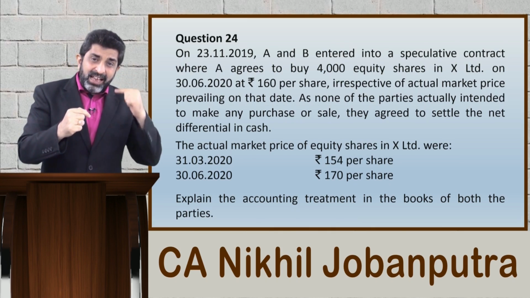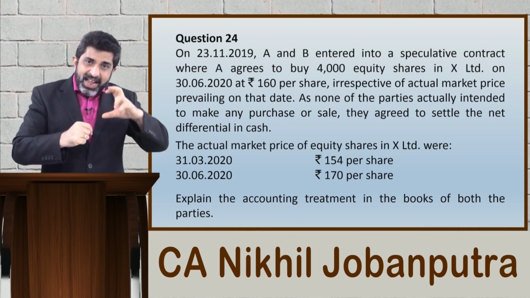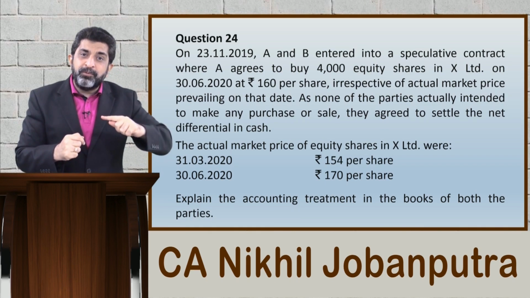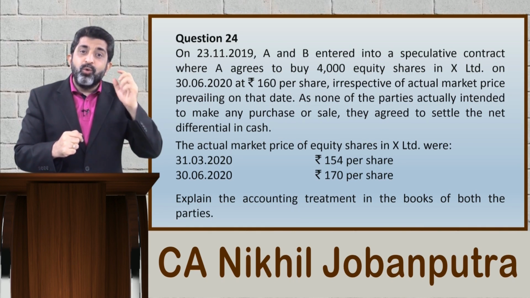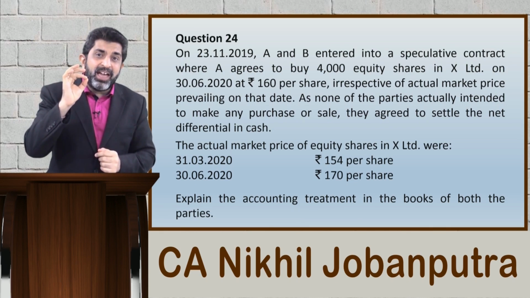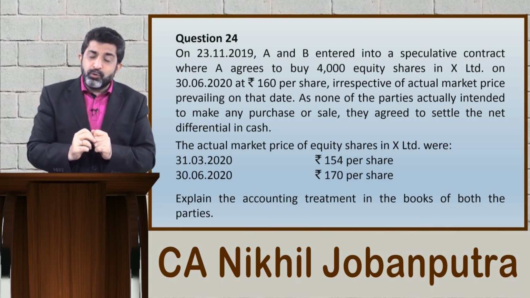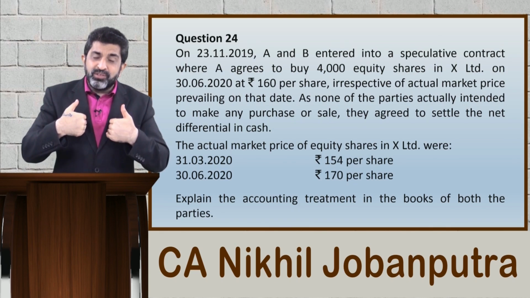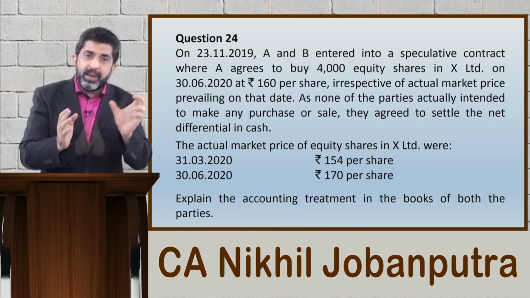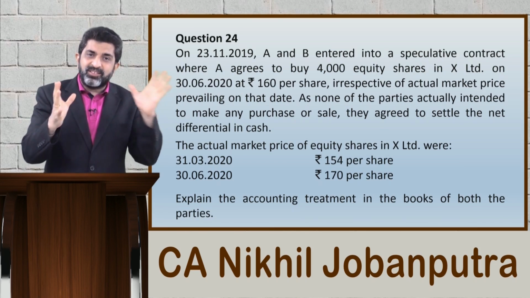From the previous recognition on 31st March till the date of settlement, the share price has increased from 154 to 170. So, it is an increase of rupees 16 per share multiplied by 4,000 shares. It will be a gain for me of rupees 64,000.